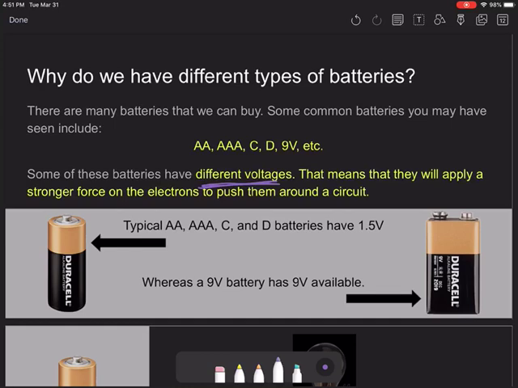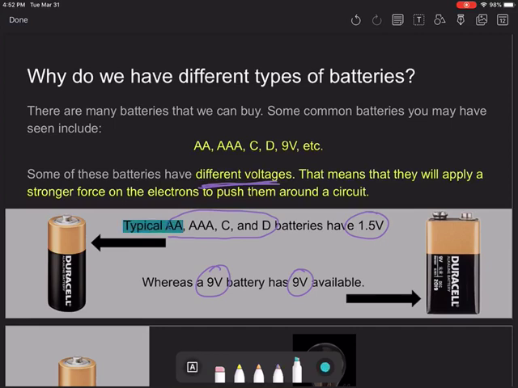So 9-volt batteries have 9 volts available. And then our typical batteries that we use are AA or AAA or C or D. Those are all 1.5 volts. So one of the reasons that we might use different batteries is strictly just because there are different voltages.